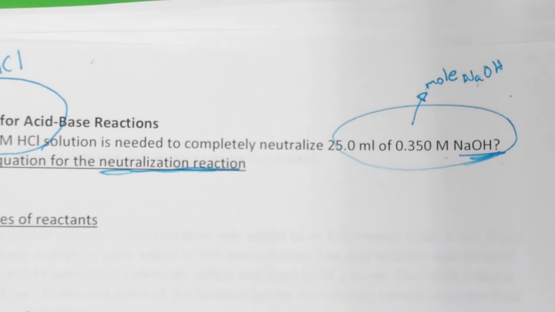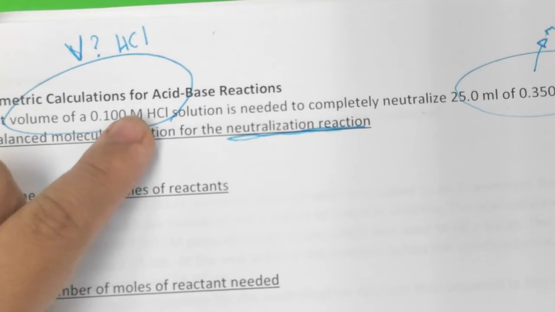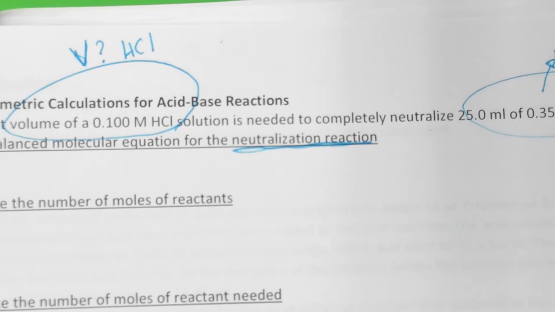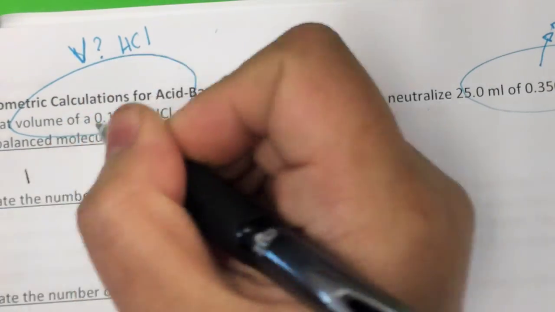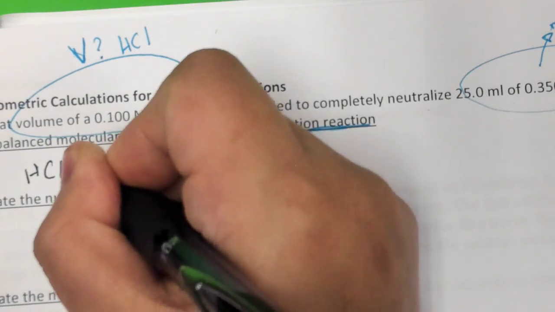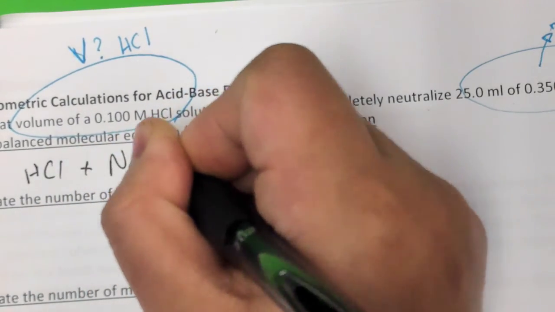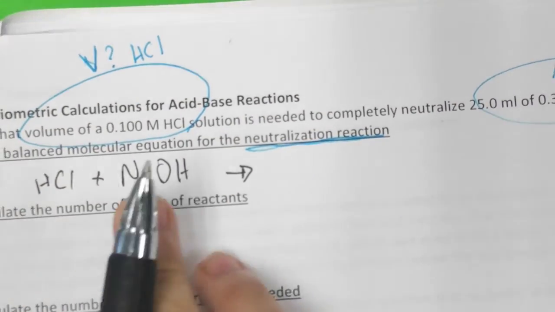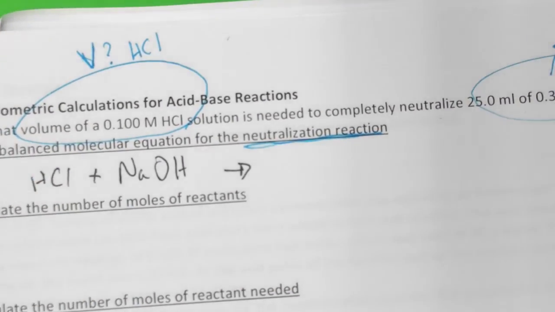All right, let's take a look. When we say net neutralization reaction, it's basically saying acid and base will react together and they're gonna cancel each other out. Because remember, the job of an acid is to donate a proton, to give away that H plus. The job of a base is to accept that H plus. So if we're writing the equation, you're gonna have HCl plus NaOH go to... I don't know if you remember, HCl is gonna give away H plus.